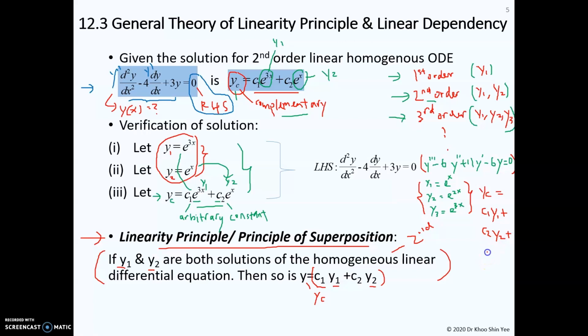Lastly, you add the third constant multiplied with your last solution. So you have 3 solutions combined in this linear combination format. This gives you the complementary solution.